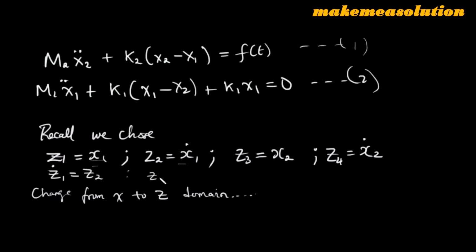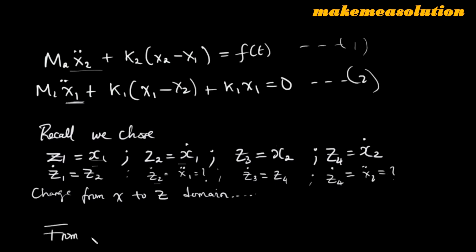Then z2 dot will be x1 double dot when you differentiate both sides, and we don't know what it is, but trust me, we can make x1 double dot the subject of the formula and find an expression for z2 dot. Similarly, z3 dot will be equal to the derivative of x2, which is z4, and if you differentiate z4, you're going to get x2 double dot, which we can obtain from equation 1 by making x2 double dot the subject of the formula. So let's start with equation 1.